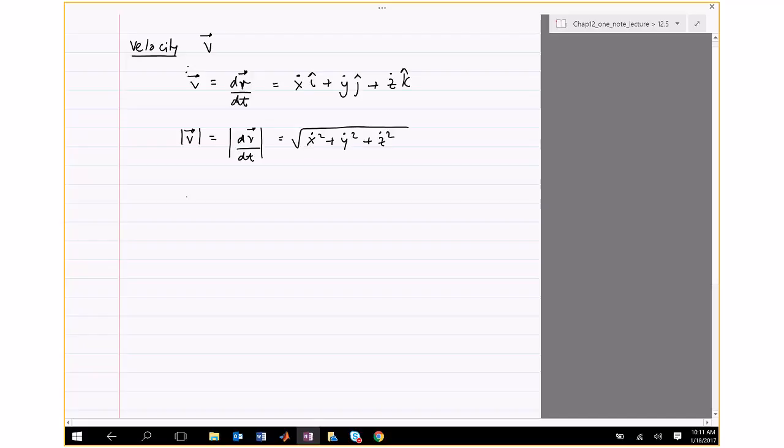And finally, the unit vector is the vector v divided by the magnitude of v, which is x dot i plus y dot j plus z dot k divided by the square root of x dot square plus y dot square plus z dot square.